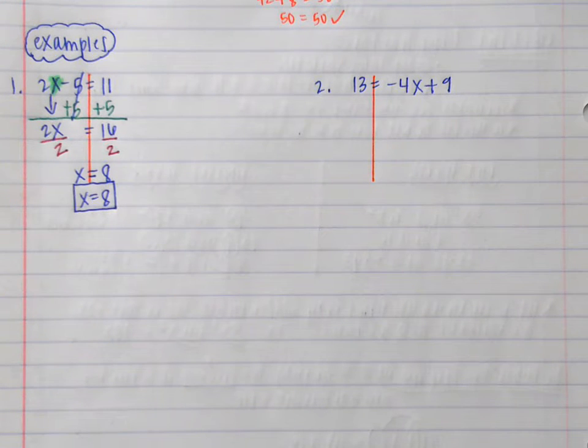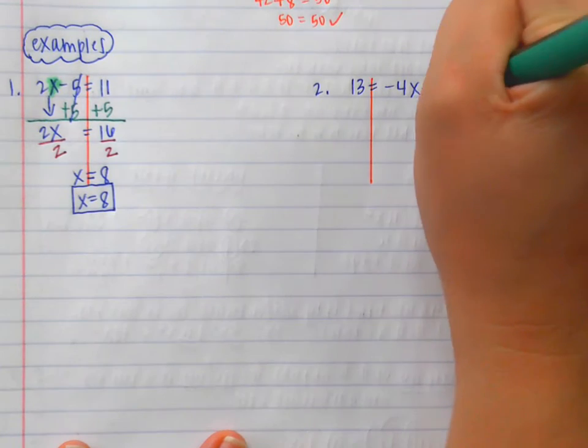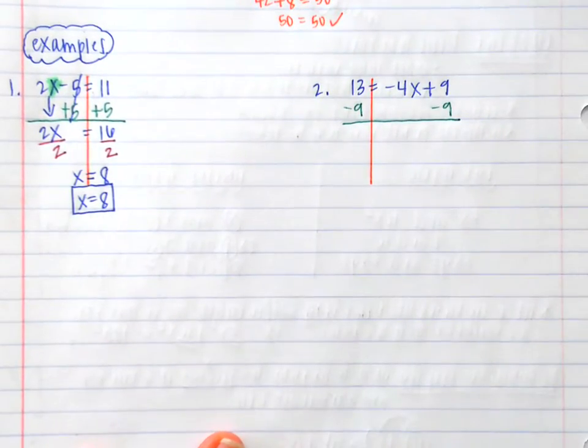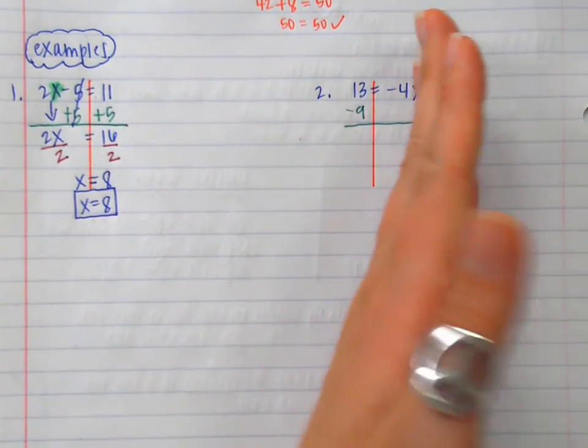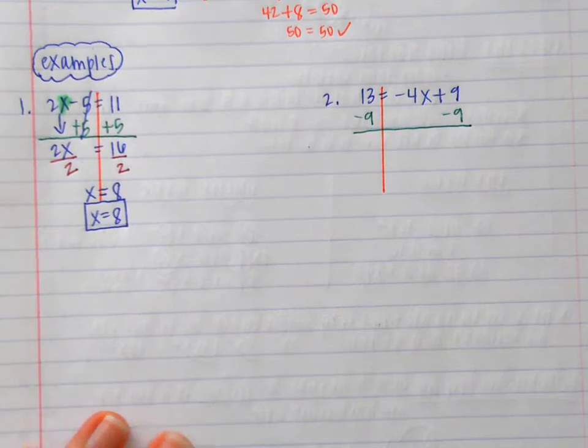So what's your first step? And if you said subtract 9 from both sides, you would be correct. So I'm going to subtract 9 from here, and I'm going to subtract 9 from here. This is a little different because the x is now on the right side versus the left side. It doesn't change how we do things. So 13 minus 9 gets me 4.